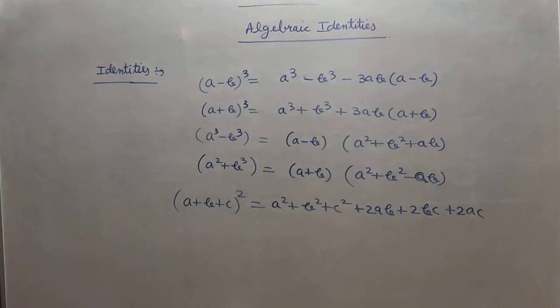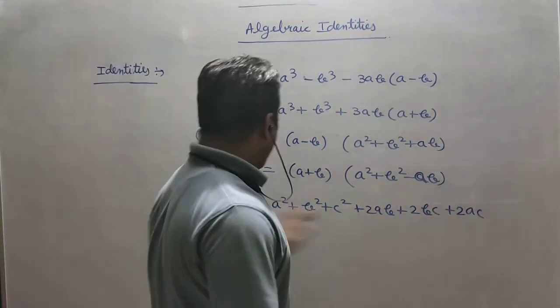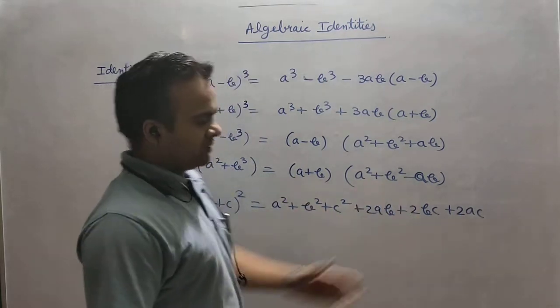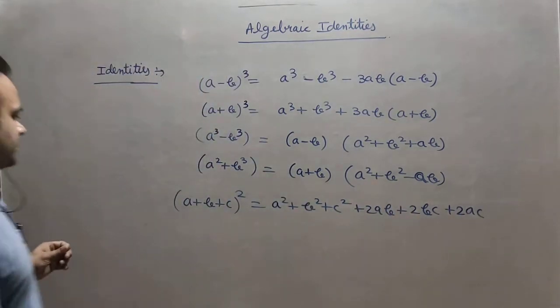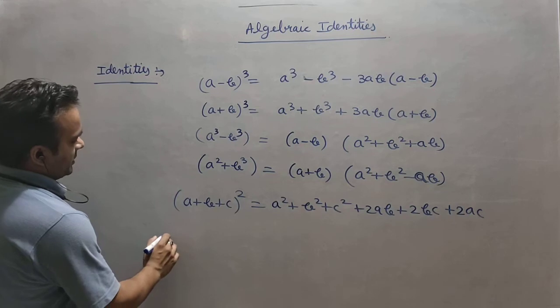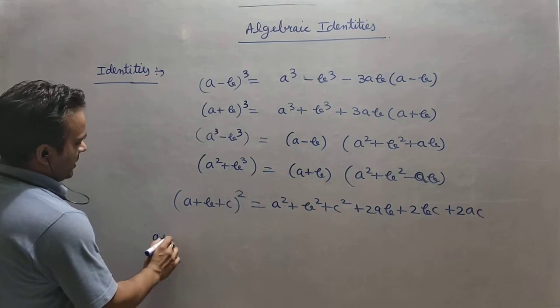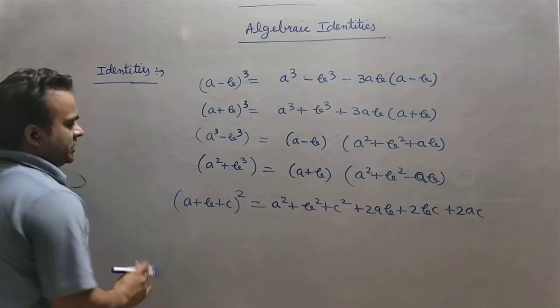The procedure is the same as we have done with (a plus b) whole square, but here we have to write twice of all the members three times. Right, this one is clear now.